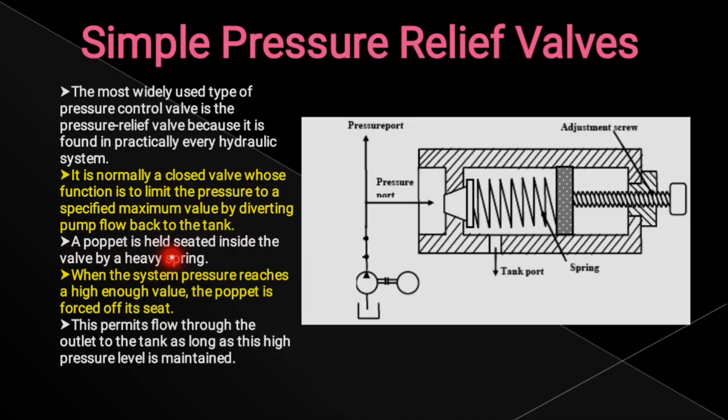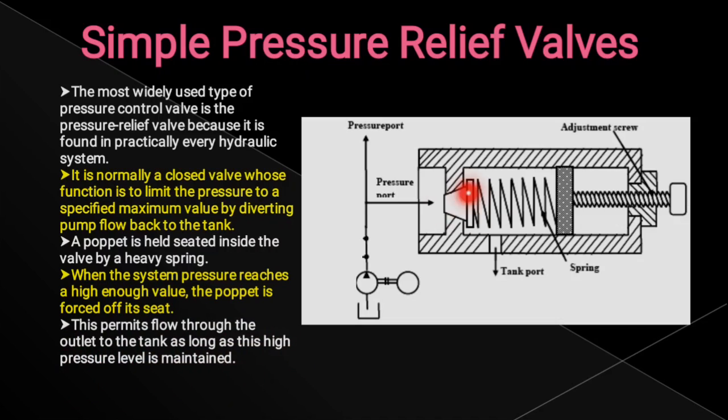A poppet is held seated inside the valve by a heavy spring. When the system pressure reaches a high enough value, the poppet is forced off its seat and opens. This permits flow through the outlet to the tank as long as this high pressure level is maintained.